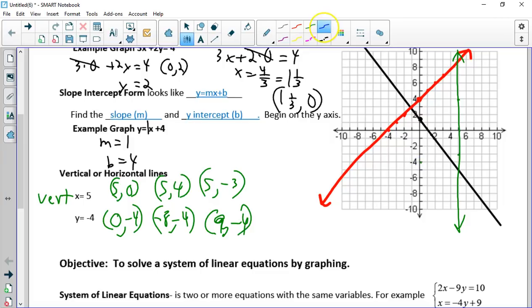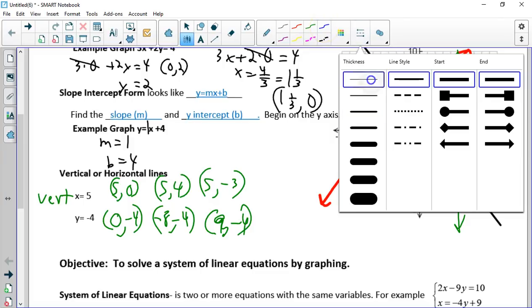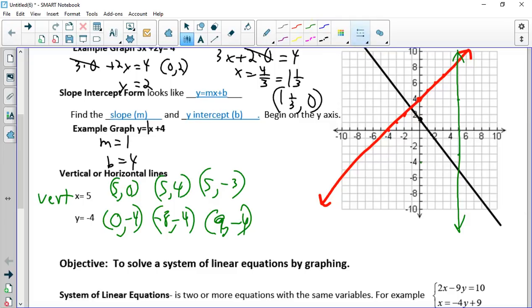Oh, we're going to change colors. 0, negative 4; negative 8, negative 4; and 9, negative 4 gives me a horizontal line going through negative 4. And that's not going to change, because the y, the up-down, is always the same coordinate.